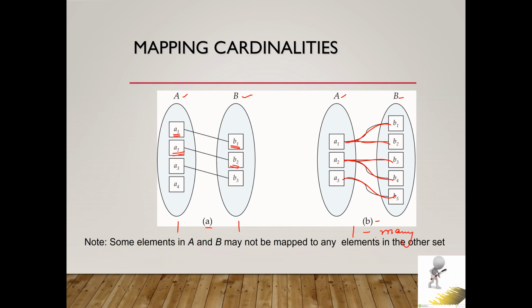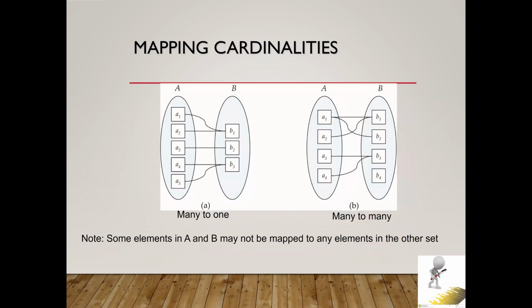Now, many to 1. Many in A are mapped to a single entity in B. I say it is a many to 1. Many to many means look here. 1 over here is mapped to many.